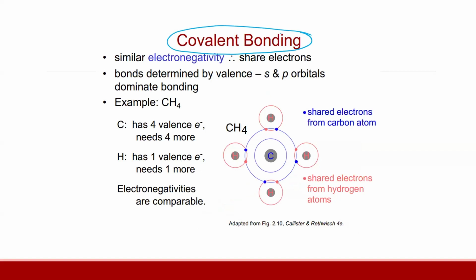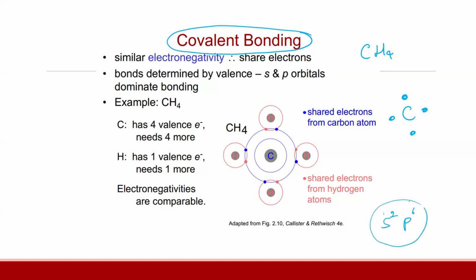Covalent bonds do not transfer electrons, instead they share electrons. For example, methane, CH4. Carbon has 4 electrons in the outermost shell. If carbon can get another 4 electrons, it will become stable by having 8 electrons in the outermost shell, because 2 electrons in S and 6 electrons in P will be fully filled.